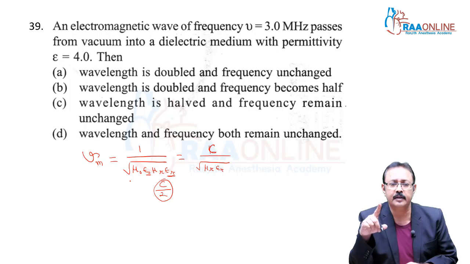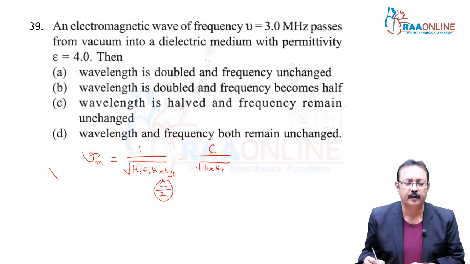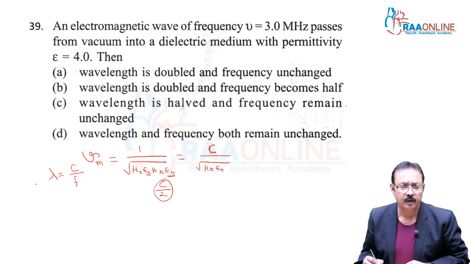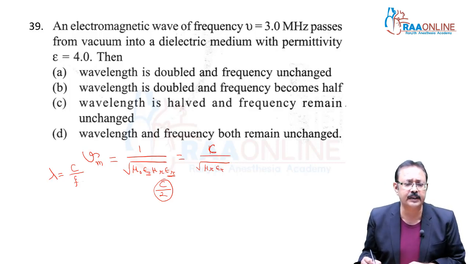Speed half means, what is wavelength? Wavelength is c upon frequency. So if frequency is unchanged, c is becoming half, means lambda is becoming half.